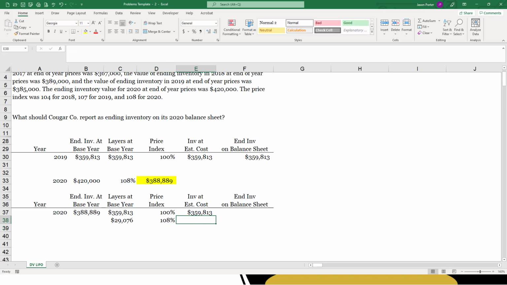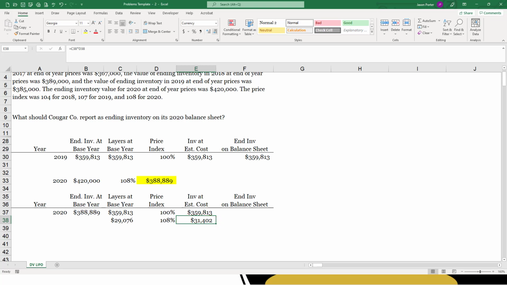Let's get it back to what I really did spend. I take that $29,076, I multiply by the 108%, and I assume that I would have paid $359,813 for inventory left on my shelves that I purchased back in 2017 and a new $31,402 on my shelves that I purchased in 2020.